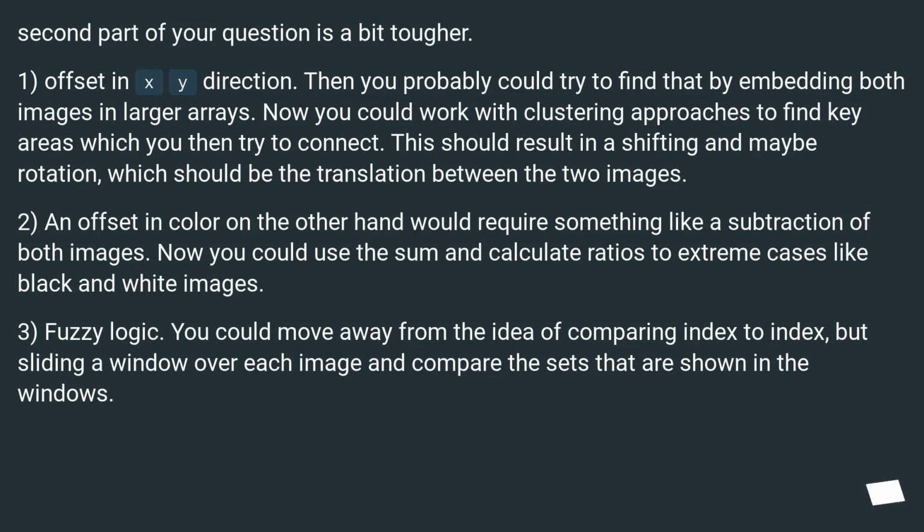An offset in color, on the other hand, would require something like a subtraction of both images. Now you could use the sum and calculate ratios to extreme cases like black and white images. 3. Fuzzy logic. You could move away from the idea of comparing index to index, but sliding a window over each image and compare the sets that are shown in the windows.